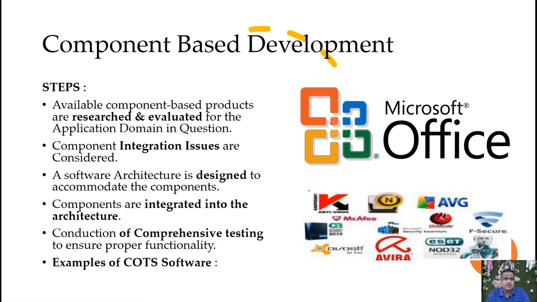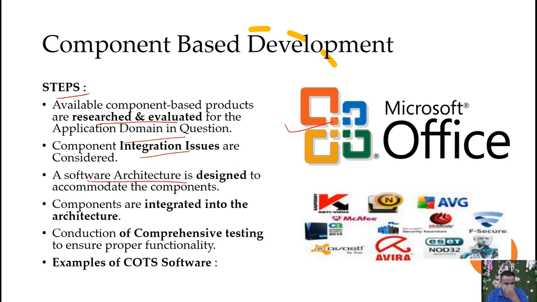In the next slide, we have the component based model, and these are the steps involved. Available component based products are researched and evaluated for the application domain in question. Component integration issues are considered, and the software architecture is designed to accommodate the components, like Microsoft Office.